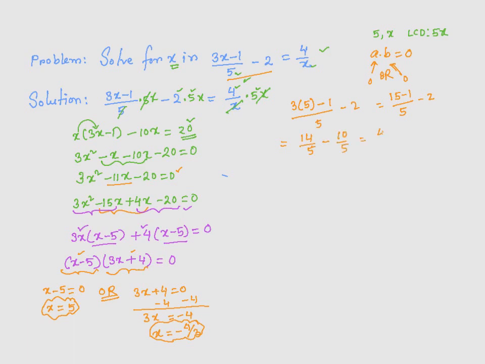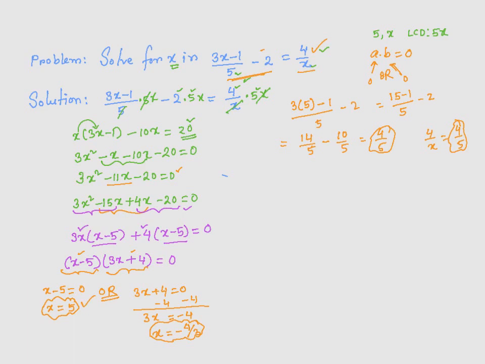So it's going to be 4 over 5, because 14 minus 10 is 4. That's what I get from this one, 4 over 5. On the right hand side it's 4 over x. But x is 5, so it's also 4 over 5. So the left hand side and right hand side are equal. So this does in fact satisfy the equation.